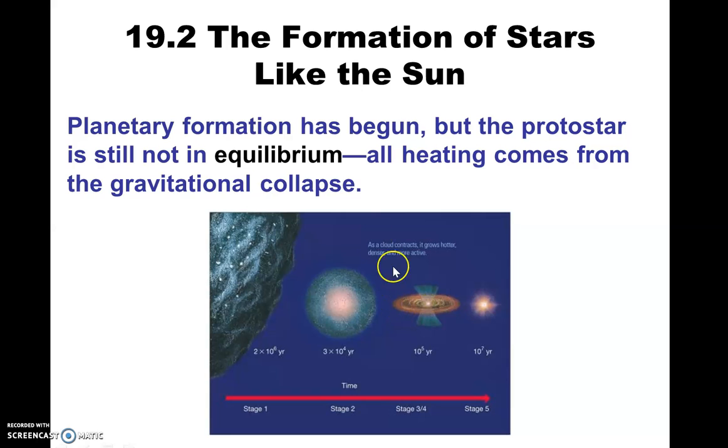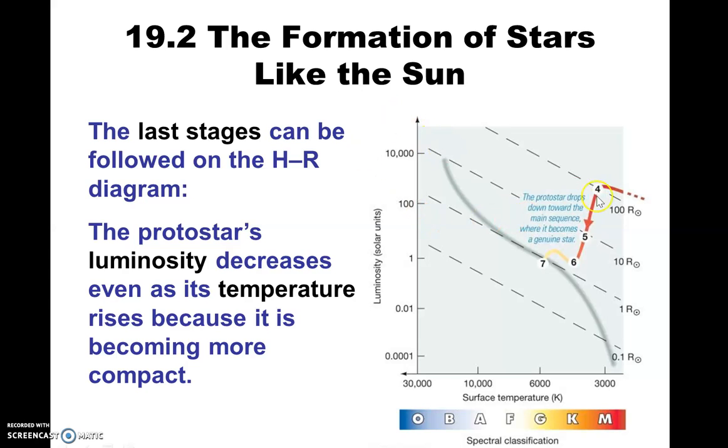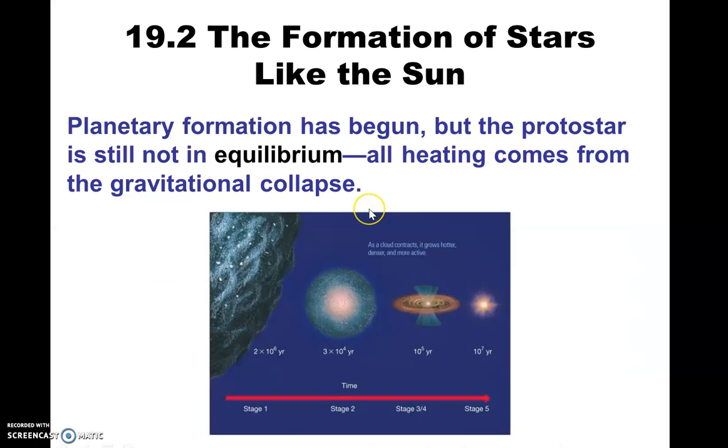It's falling onto the star, and that is causing it to heat up, and also, of course, as the matter gets closer, it gets more dense. There's more of a gravitational collapse. They're showing the amount of time for each of these stages. So that was in that table that we first looked at too. After stage 4, it drops down to, let's see, so we just went over stage 5.